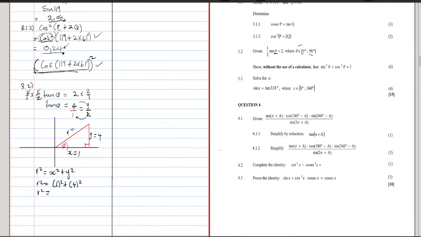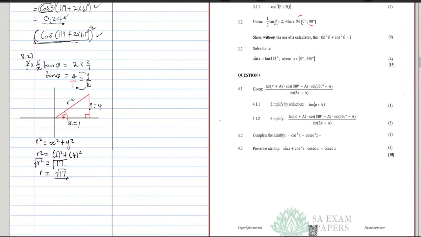So that's 1, is it 16? Yeah, that's 16. So 16 plus 1, that's 17. And then we're gonna have the square root of 17. So r is just gonna be the square root of 17, like this. So we have r equal to square root 17.